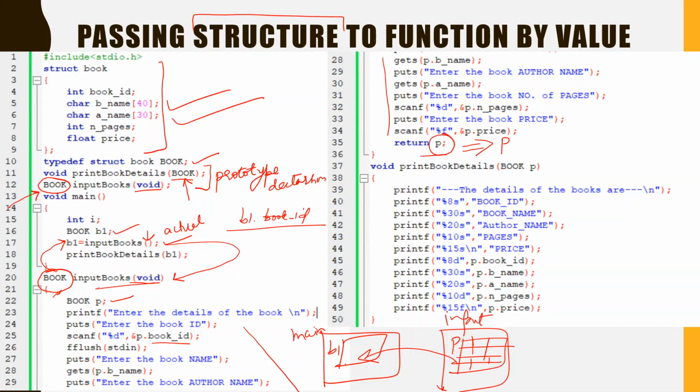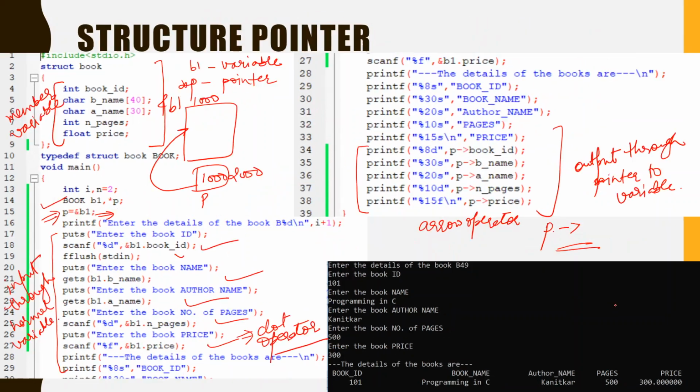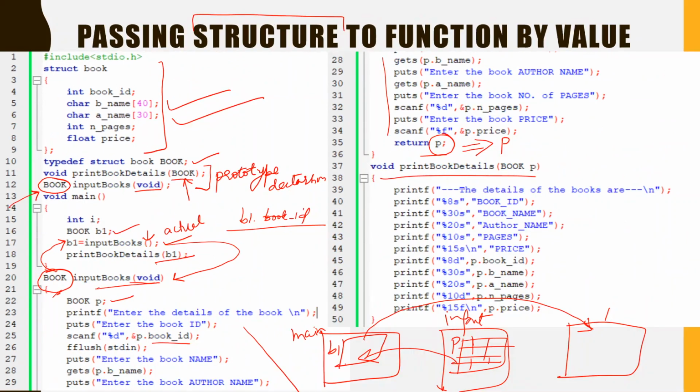Now how do we verify whether it is copied or not? We pass this book b1 to print book details. As this happens, b1 is passed to the function print detail.